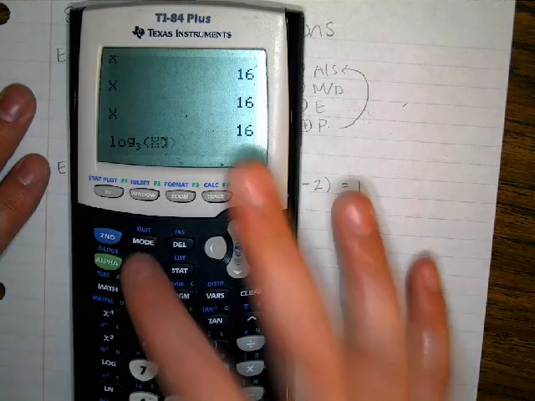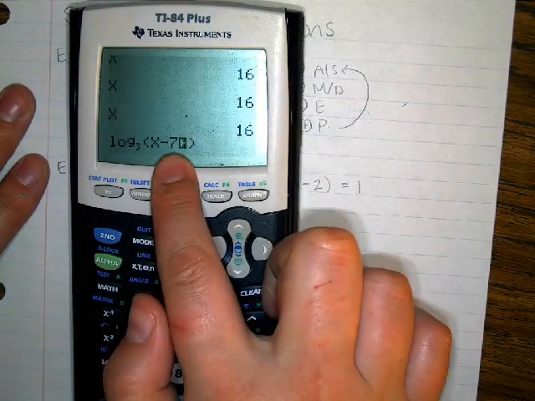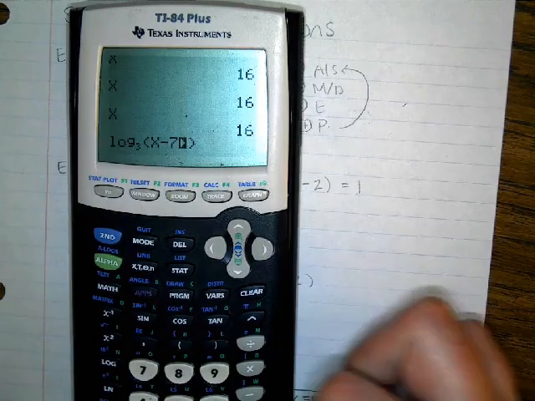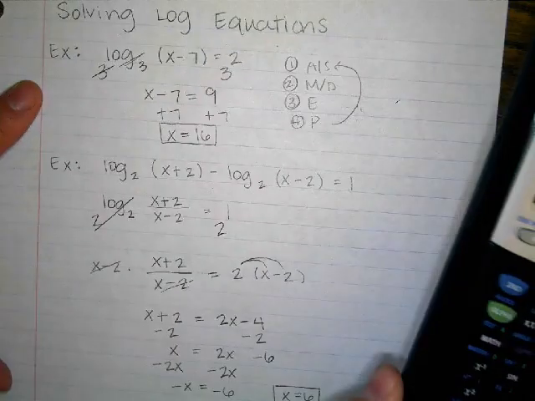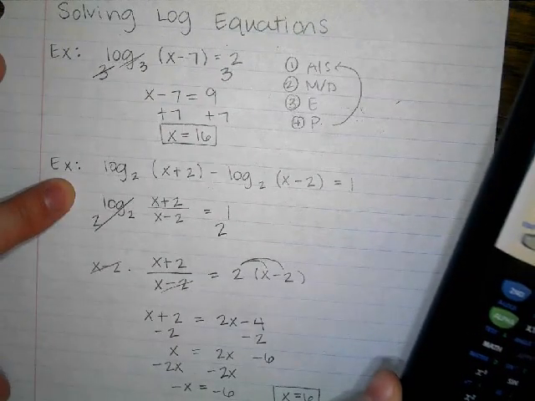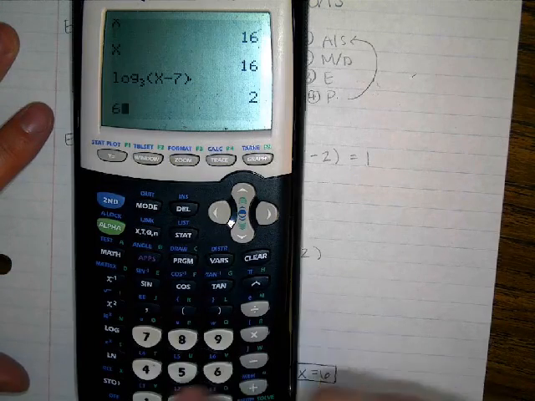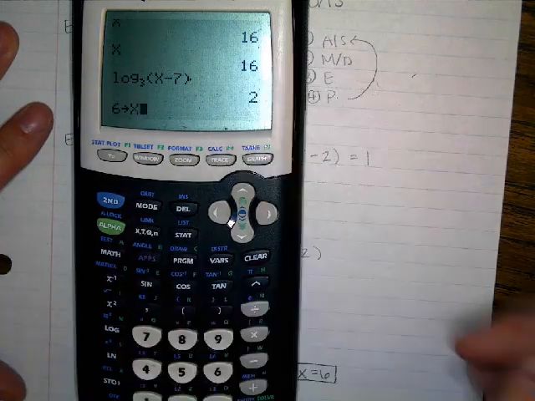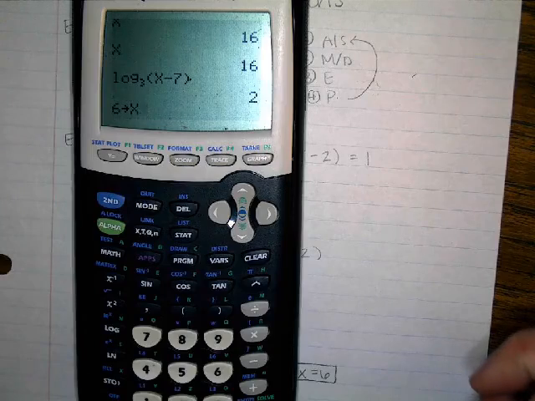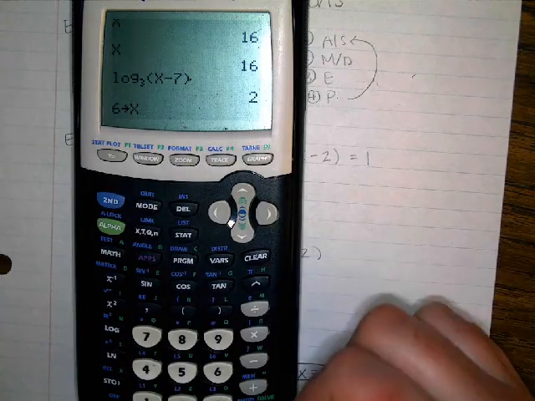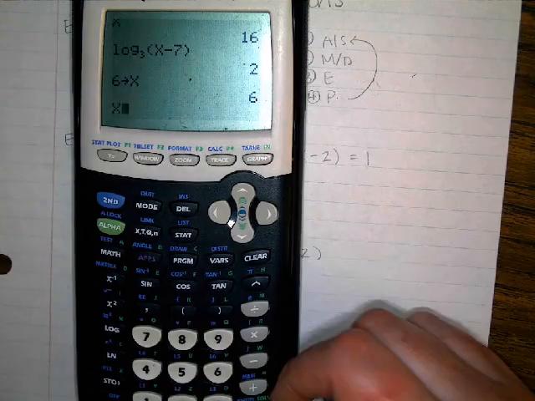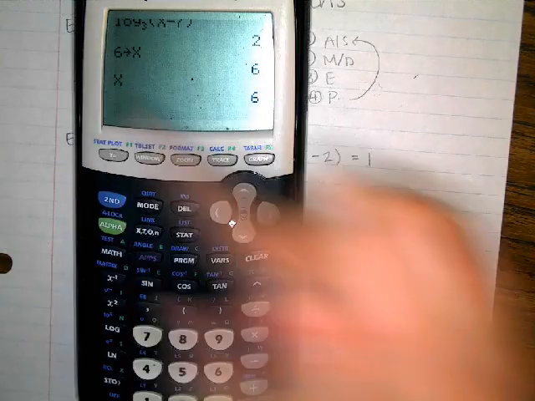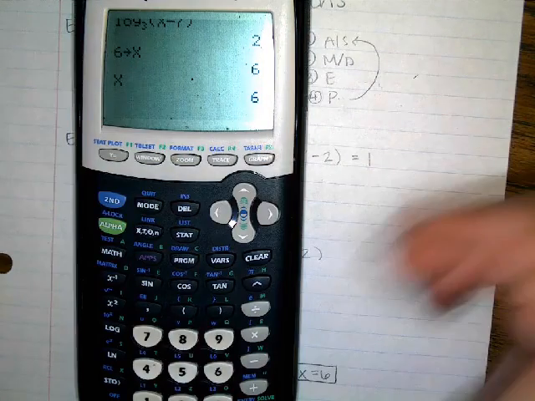Now for the next one, my answer was 6. So I'm going to type 6 store x, so it's going to have 6 arrow x. I'm storing 6 in for x. I'm going to go back to the original problem and type the original problem with the x's in, knowing that the calculator is plugging in 6 for the x's for me.